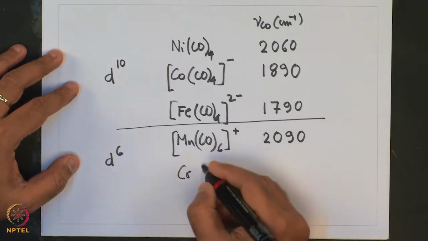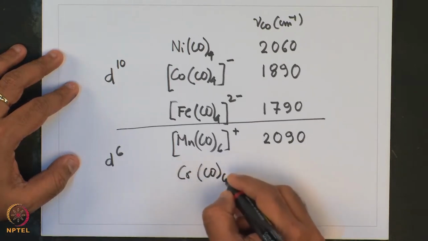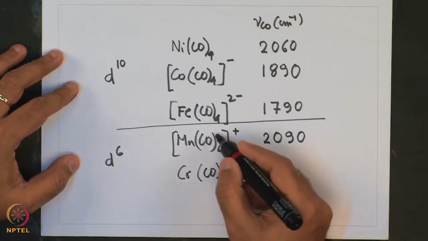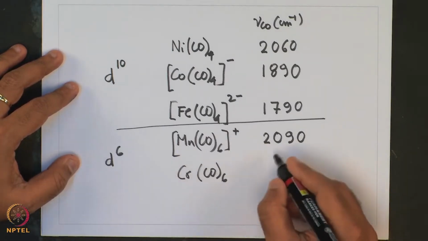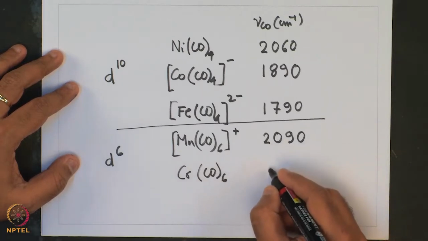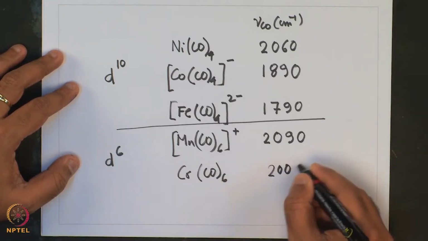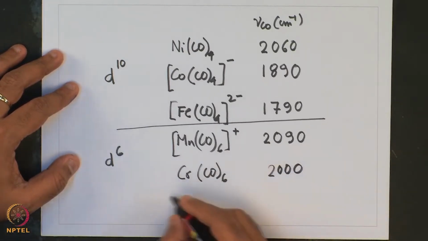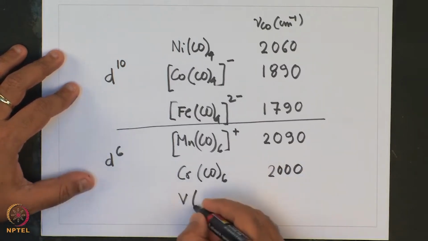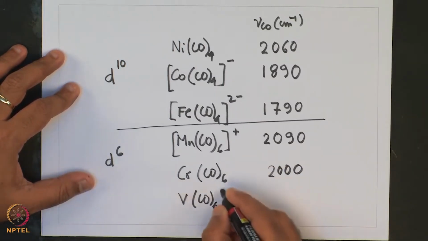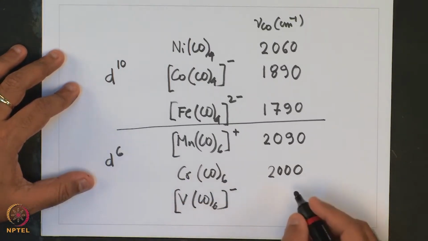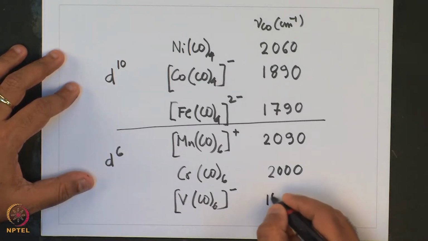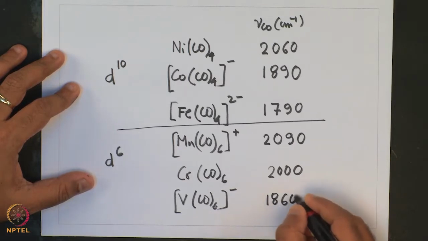Then another, chromium CO6, is a neutral D6 compound, where, relative to the manganese cationic compound, a significant amount of back donation happens, and now 2090 has reduced to 2000 centimeter inverse, finally going to anionic V(CO)6 minus, where the metal is more electron rich, back donation is permitted, and this has gone even further to 1860.